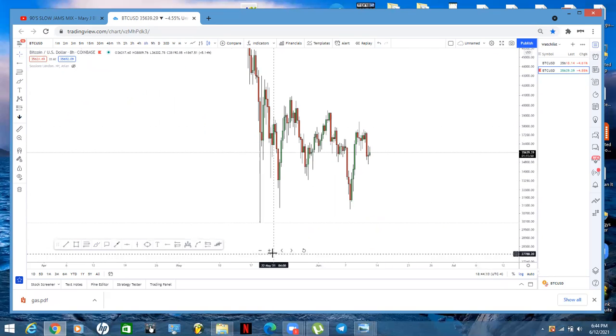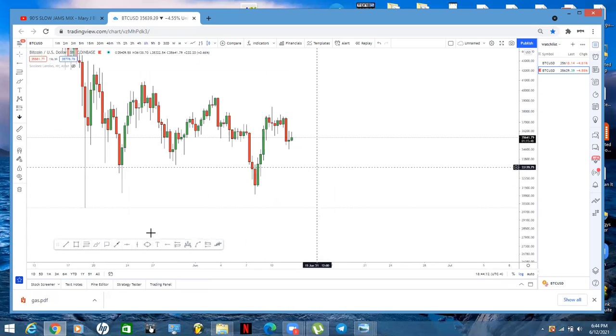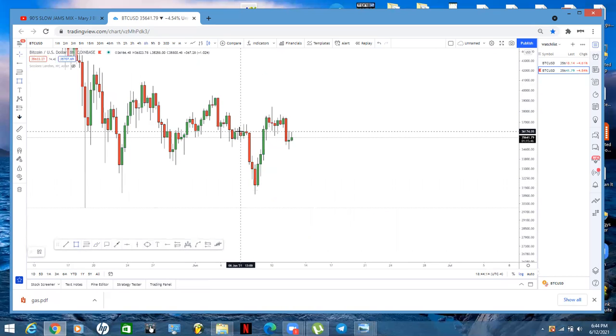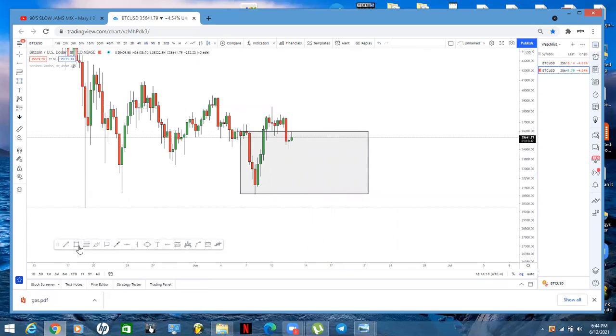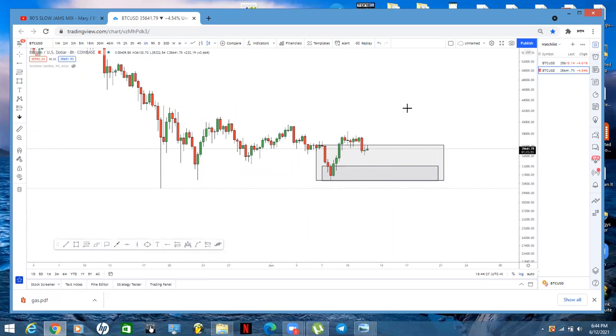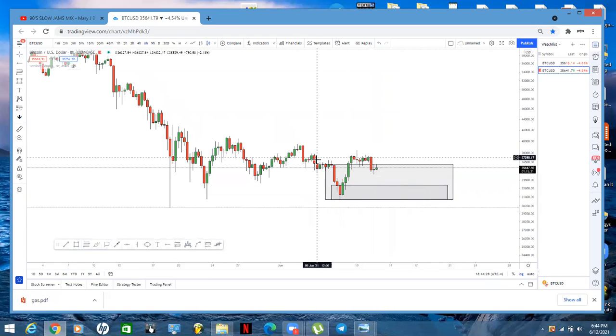So we know that this whole area right here, we want to watch this area, right? Because on the higher time frame, this whole area is an order block. All right, and on an hourly time frame, for what I'm looking at right now, this right here is your order block. So this is the area I'm looking at.